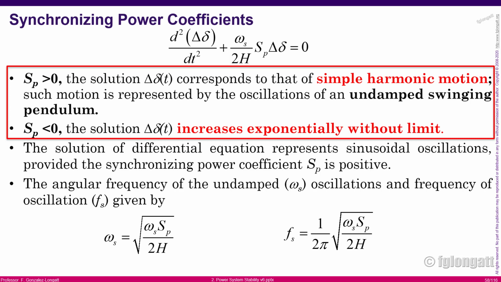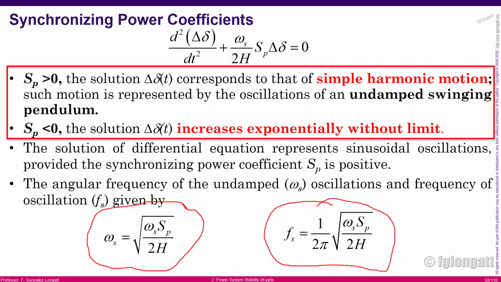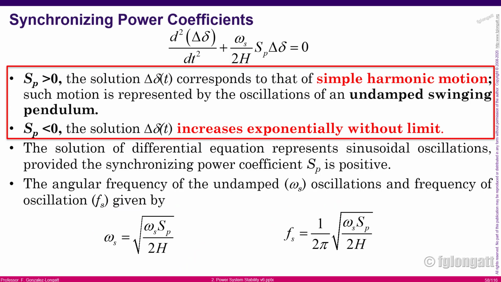There are some oscillations, but those oscillations are simple harmonic motion, and we can use that equation over here to define the oscillation that we will get on delta, okay? But if the synchronizing coefficient is negative, that is a very bad problem because the system will be non-oscillatory unstable, okay?